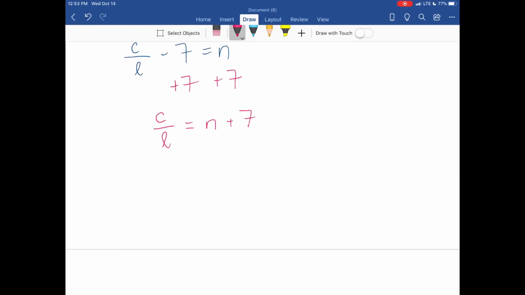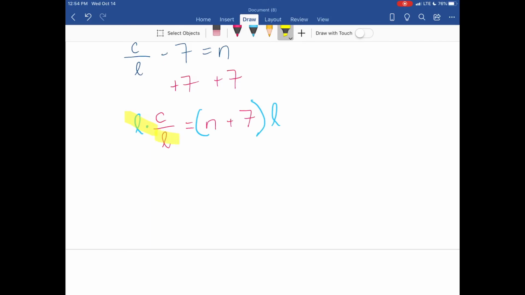The last thing I want to eliminate is that L that's being divided into C. So what I can do is use the inverse. If it's being divided, then I want to multiply both sides by L. Not just one term, not just two terms, all the terms.